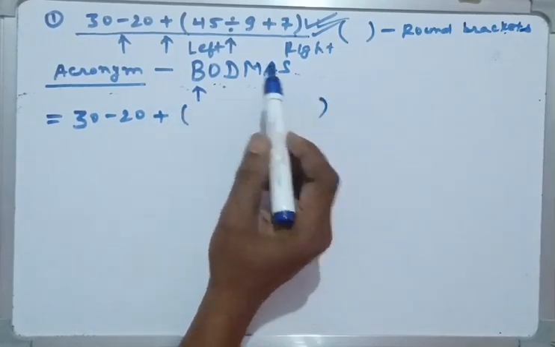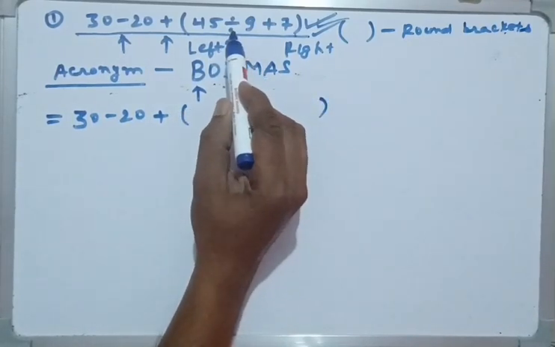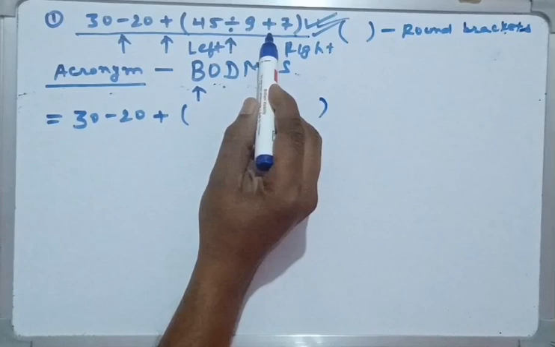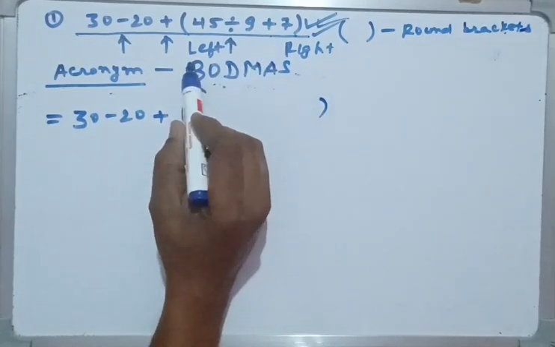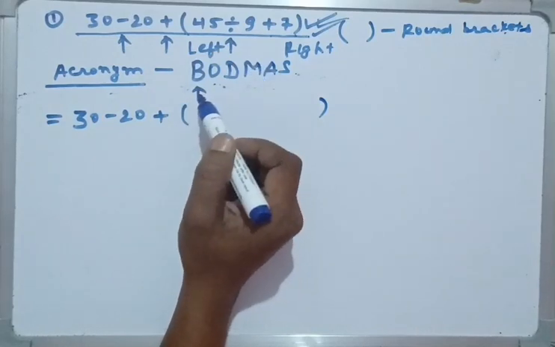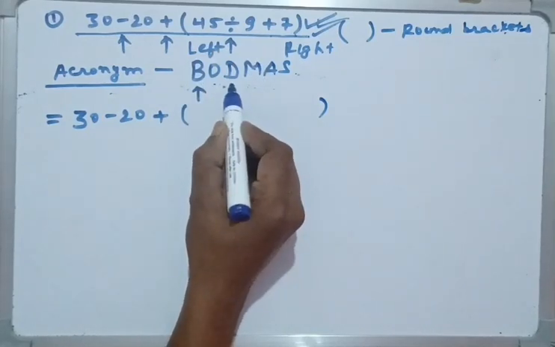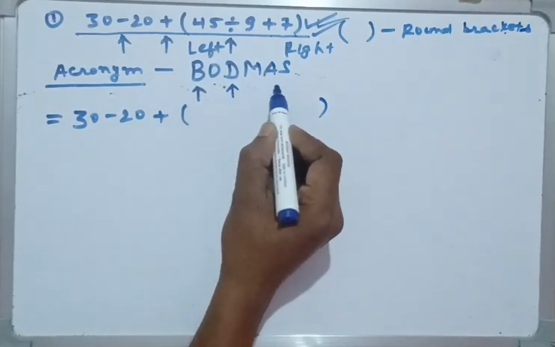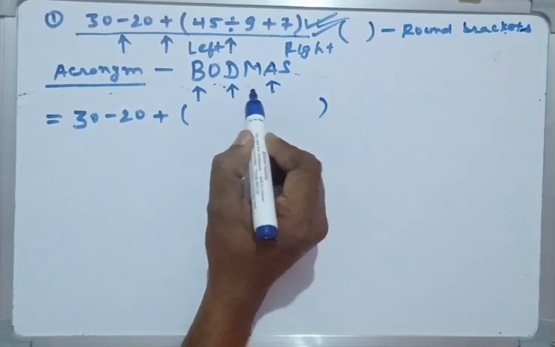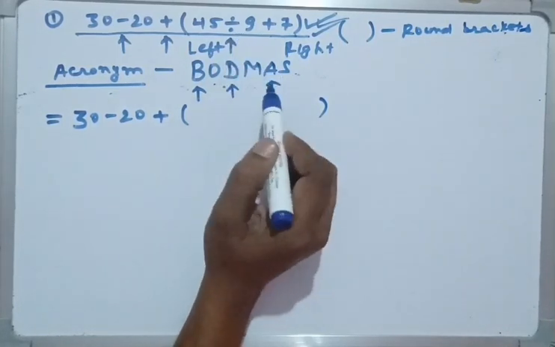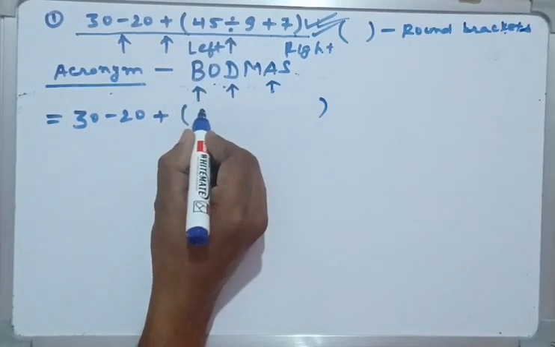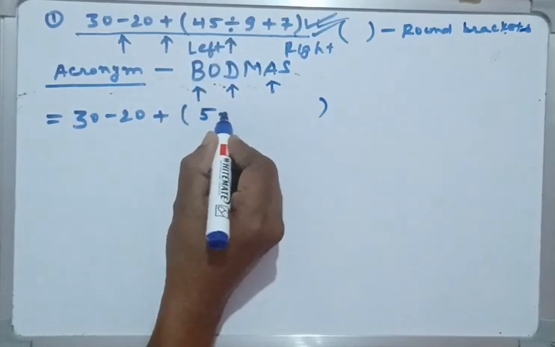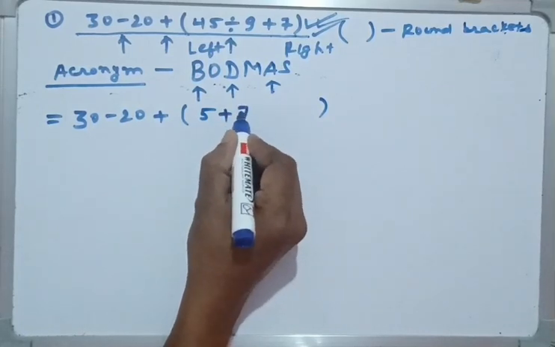Now here are two operators, division and addition. In BODMAS, when you move from left to right, division will come first, then addition. So we will solve the division first. 45 divided by 9 equals 5, and then we make an addition sign, plus 7.